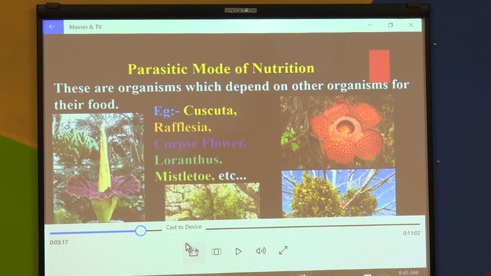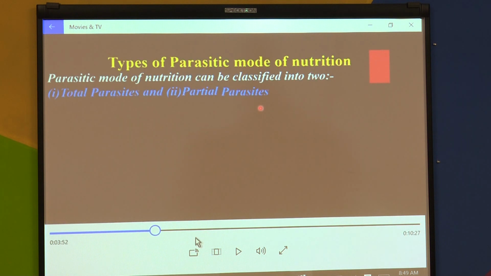Again, there are 2 types of parasitic nutrition. The first is total parasites, and the second is partial parasites. In total parasites, what happens? Total parasitic plants are totally dependent upon other plants for their food.